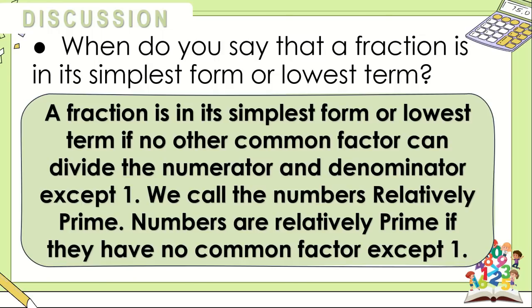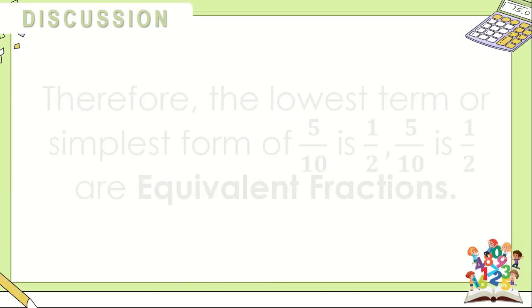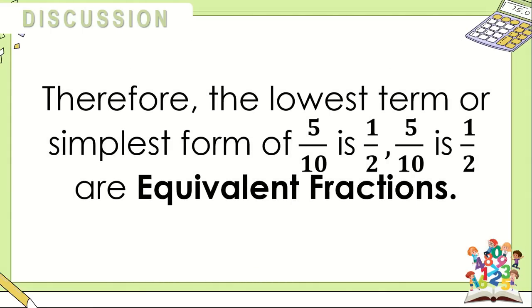We call the numbers relatively prime. Numbers are relatively prime if they have no common factor except one. Therefore, the lowest term or simplest form of 5/10 is 1/2. 5/10 and 1/2 are equivalent fractions.